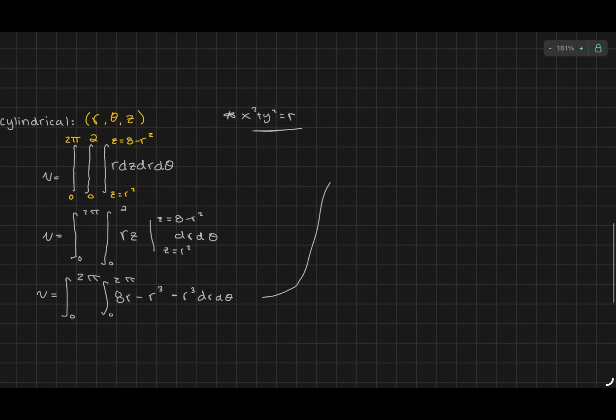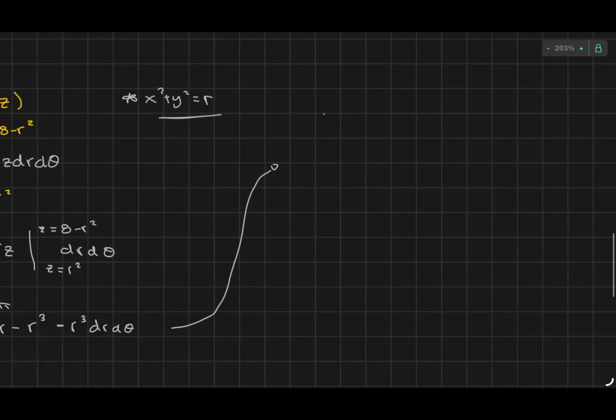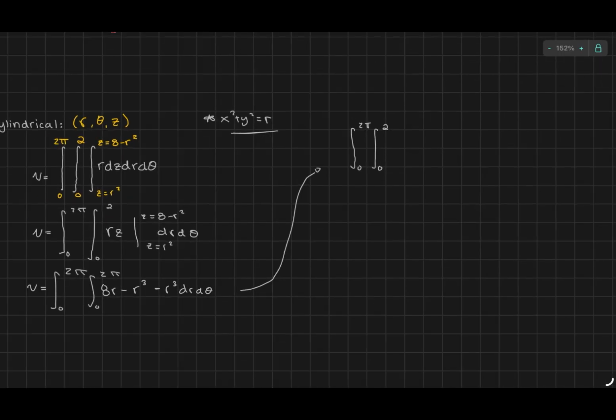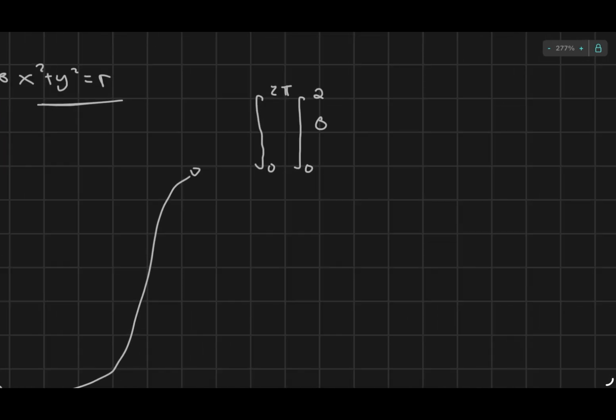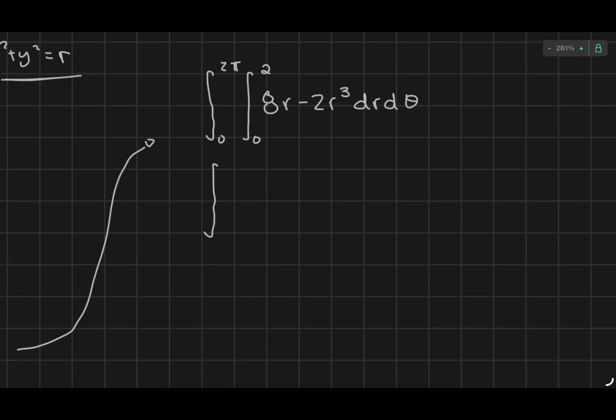Looks like we're about to run out of room here already, surprisingly enough. We're just going to simplify this a little bit. Oops, messed up right there. This is going to be 8r minus 2r cubed, dr d theta. We're going to have the integral from 0 to 2 pi of 8r squared over 2, so 4r squared, minus 1/2 r to the 4th, from 0 to 2, d theta.